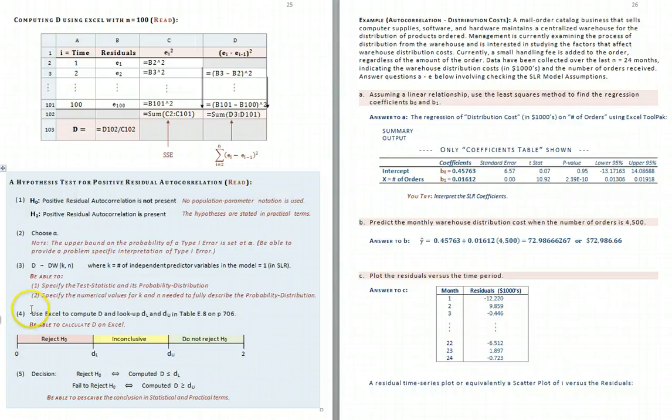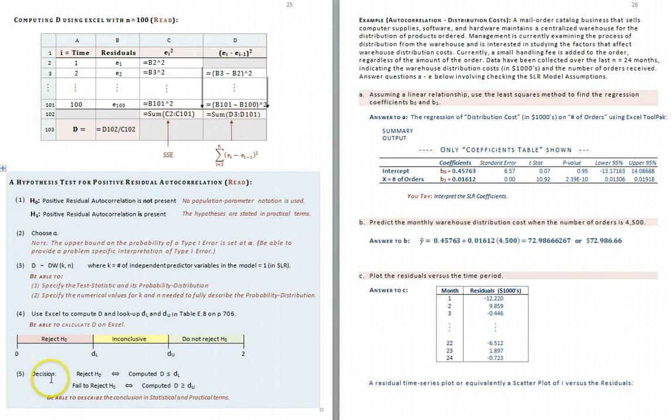The fourth step is to use Excel to compute the value of the Durbin-Watson statistic, as we did up here. And then we look up the lower critical value and the upper critical value in table E8 in our textbook. For those operating without a textbook, you could search for critical values of the Durbin-Watson statistic and get a similar table.